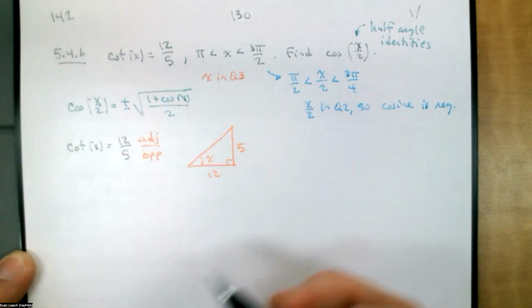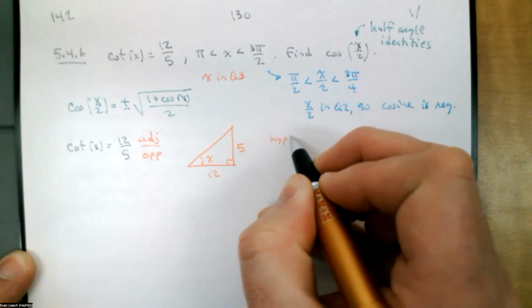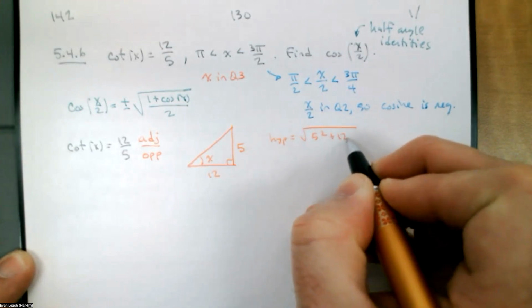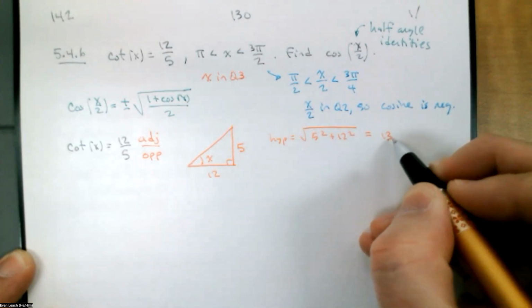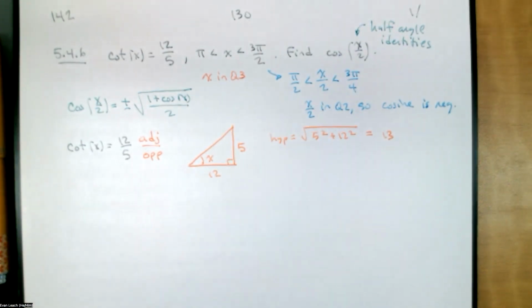Then we'll use the Pythagorean theorem to find out our hypotenuse. So the hypotenuse is the square root of 5 squared plus 12 squared. So 13. Isn't 5, 12, 13 a Pythagorean triple?